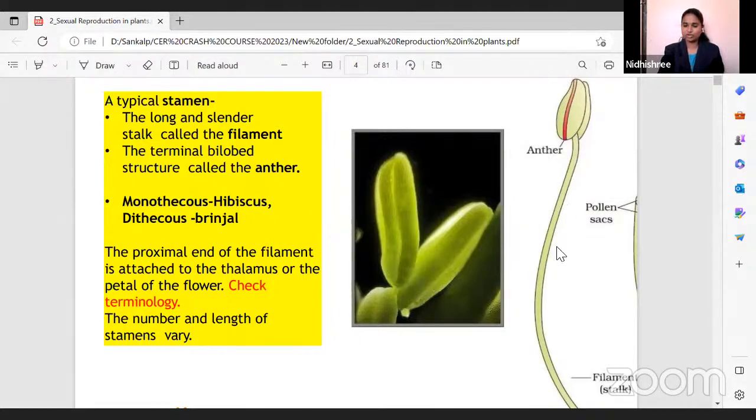The thread-like structure you are observing is called the filament, and the lobe-like structure is called the anther. Here you can see terms like monothecous and dithecous. Mono means one. If there is only one lobe, it is called monothecous. Dithecous means two lobes, and so it is called dithecous.